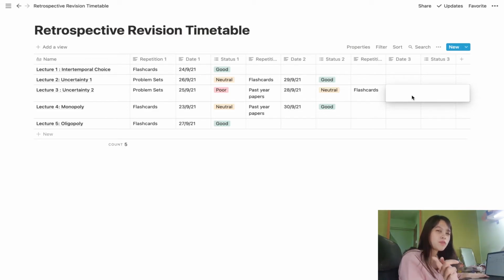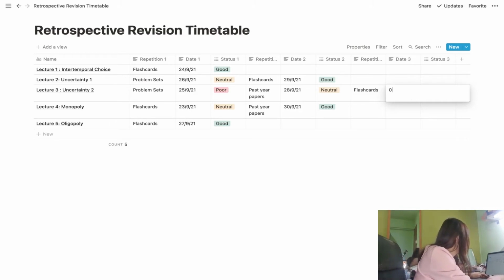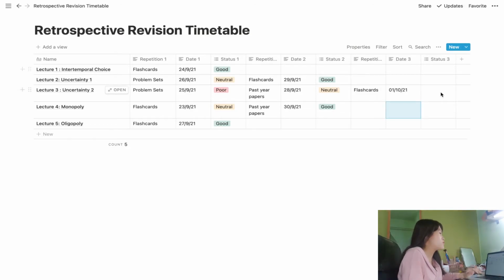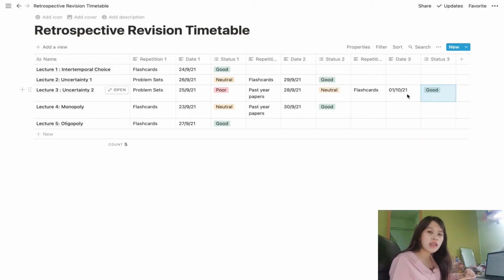Correct me if I'm wrong, but I'm going to put 1st October. And hooray, now I understand this chapter, so I can put it good. So the idea is that at the end of your study sessions, everything here should turn green. This will ensure that you are ready for your exam.